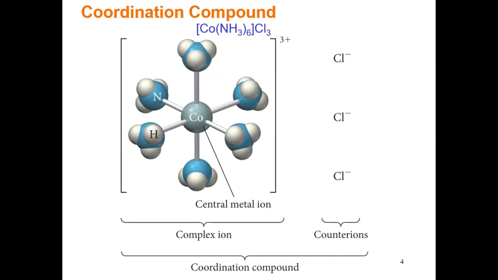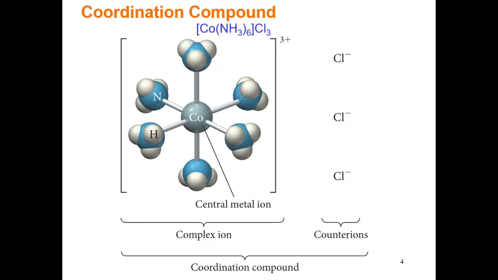And this picture breaks down all the different parts. Starting with the central metal ion, which in this case is cobalt, the complex ion consists of the central metal ion with the 6 molecules that are directly connected to it. When we combine that with a net +3 charge and the 3 chloride counter ions, that whole thing is what we call the coordination compound.